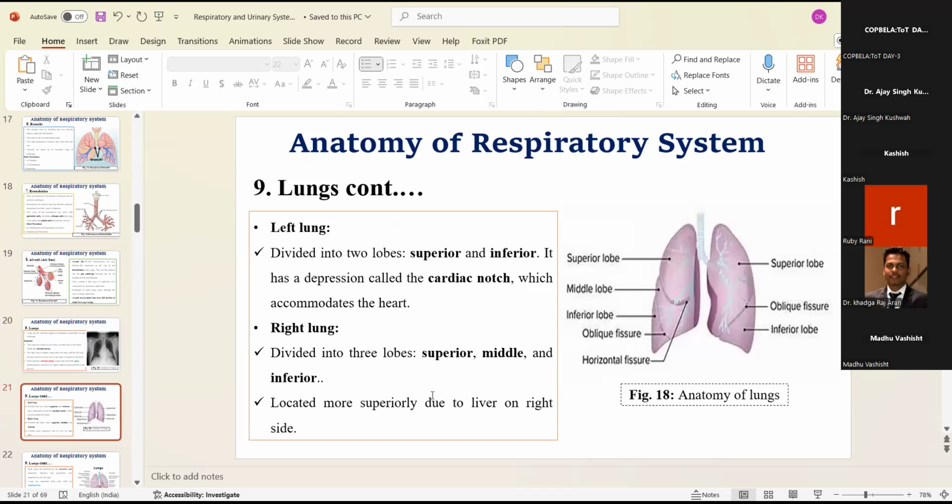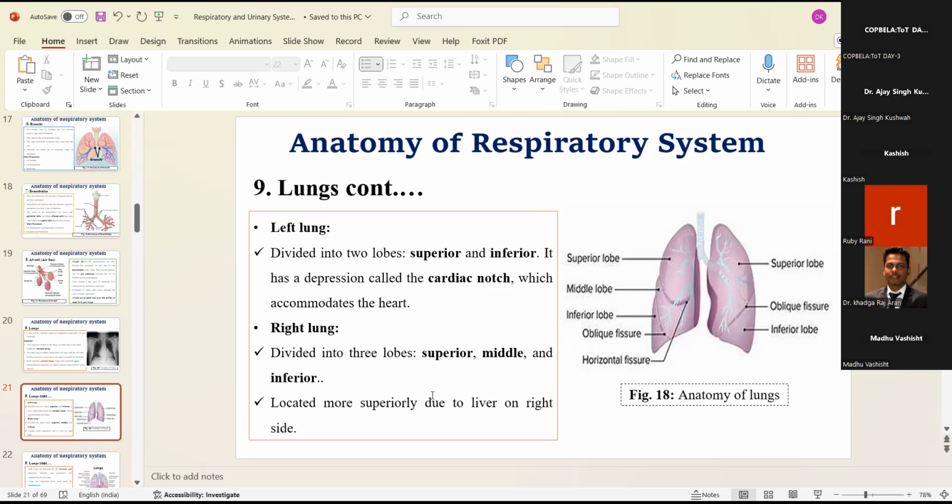So we have two lungs, the right and left lungs. The left lung is divided into two lobes, superior and inferior. Between the superior and inferior lobes there is the cardiac notch, a depression in the lung that provides space for the heart.